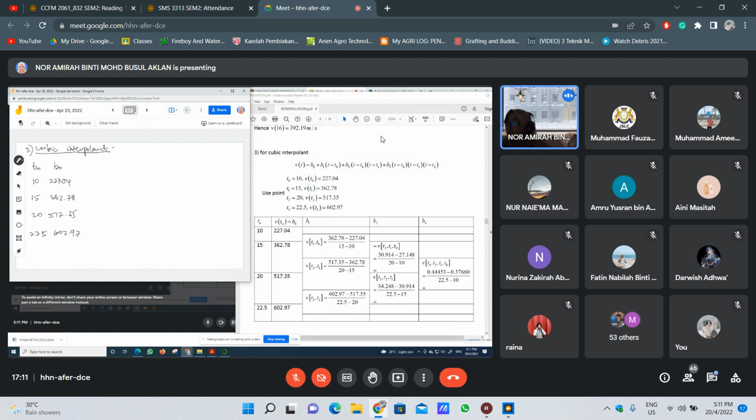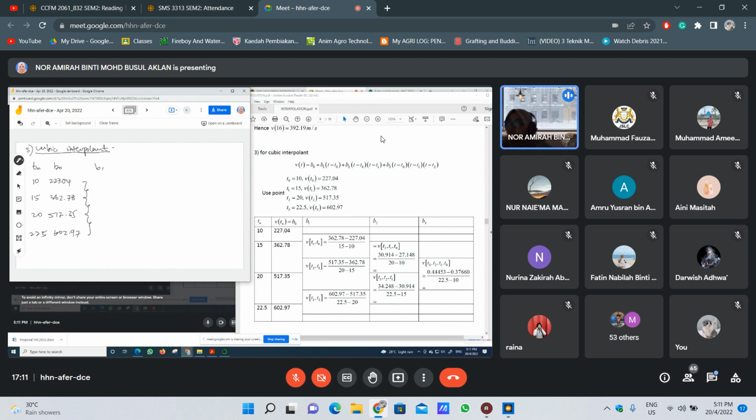So kita bukan V1 saja. So we need to find the first V, T1 and T naught. Okay, for B1, awak kena cari 3 B1 sebab you ada 3 range here.